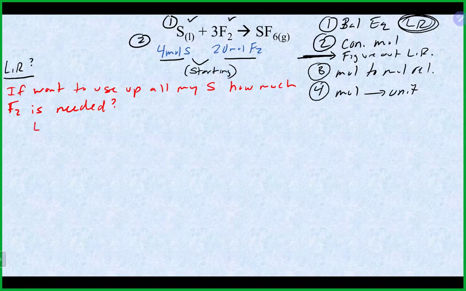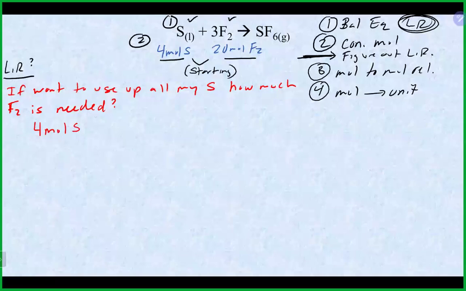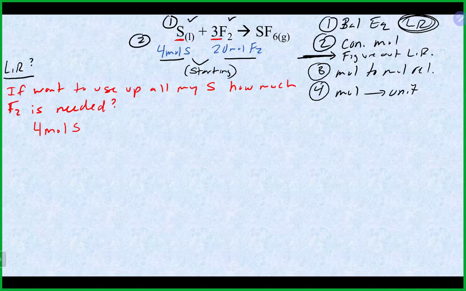If I am starting with 4 moles of sulfur, I could go to the equation and find the relationship between sulfur and the other reactant. For every 1 mole of sulfur, I have 3 moles of F2, just like we do a basic stoichiometry relationship. If I want to know how much fluorine is needed, I'm going to put the fluorine up on top and the moles of sulfur on the bottom.